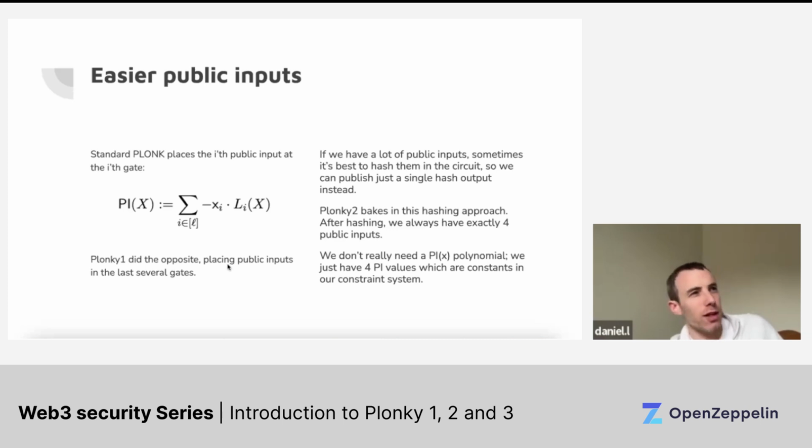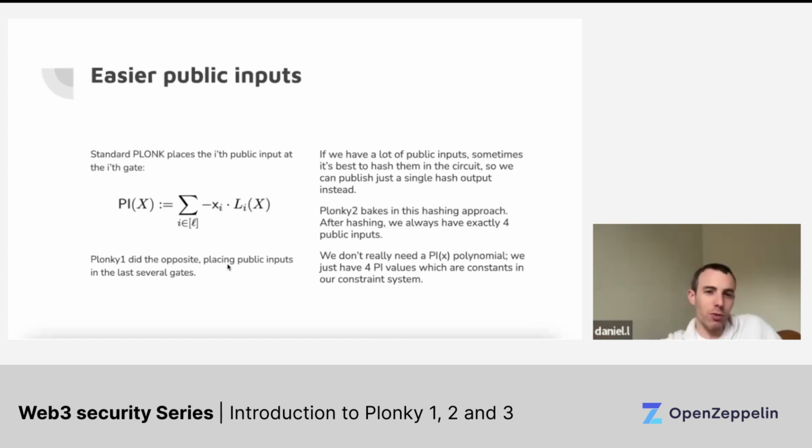And this can be a bit awkward in implementations. For example, we have to reserve the first k gates for k public inputs, but in our case, we don't really know how many public inputs we have until we've finished building the circuit. So Plonky1 actually put public inputs at the last several gates instead of the first several.